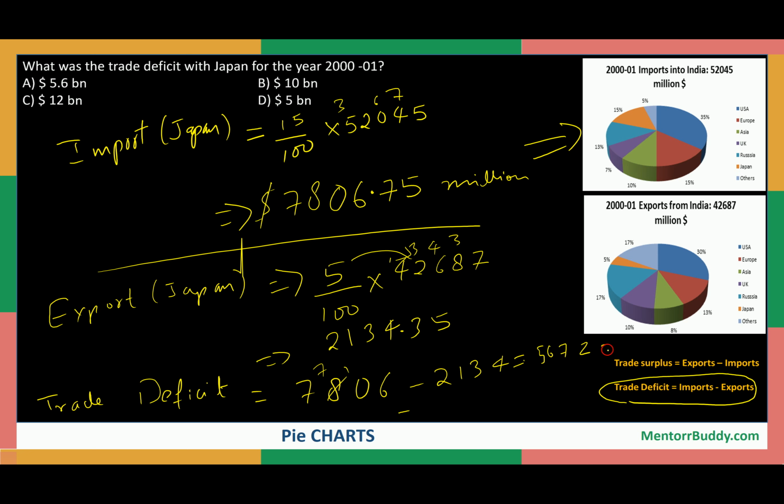If we need to convert millions into billions, we need to divide this value by 1000. So if we divide this by 1000, it will become 5.672 billion, right? And that is option A, the correct one, if we are talking about billions.